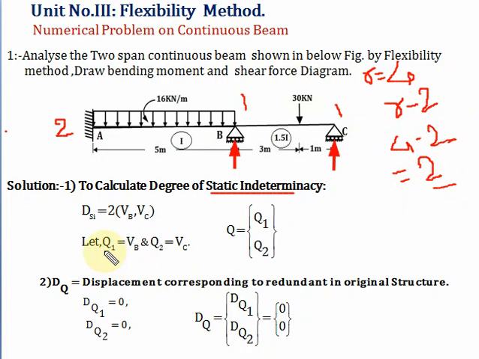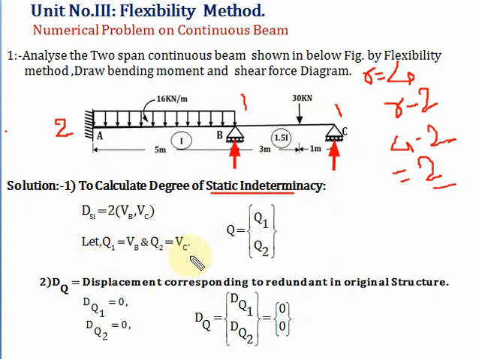Now here Q is nothing but the unknown matrix. In flexibility method we have to make this beam first statically determinate. To make this beam statically determinate, we have to consider two unknowns, Q1 and Q2.